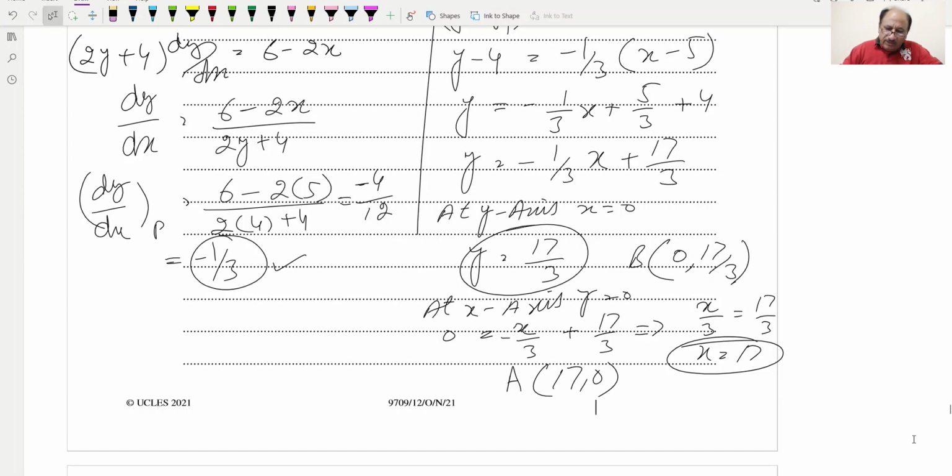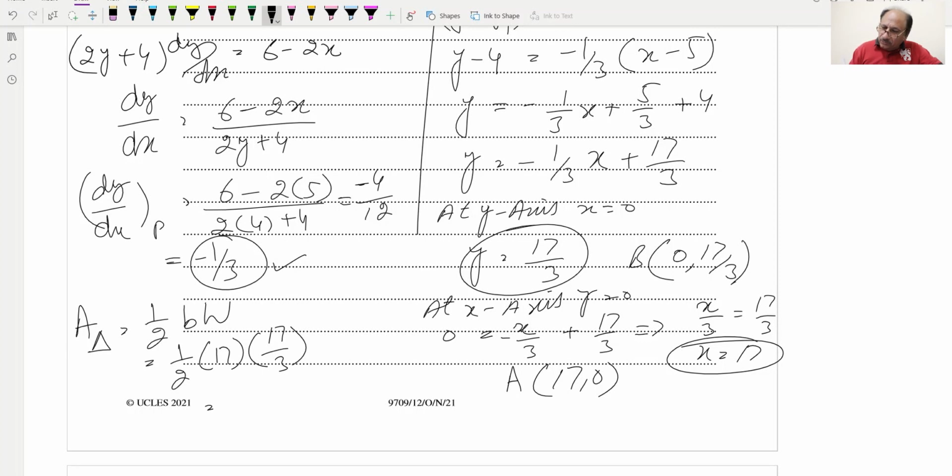Now after finding this, we just need to find the area. The area of the triangle will be equal to half into base into height, which is 1 by 2, the base is 17, the x value, and the height is 17 by 3.